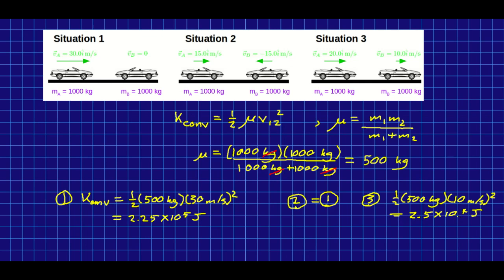If you look back at the beginning of the video where I did this, you will see that the amount of kinetic energy that was converted to internal was only 2.5 times 10 to the 4 joules for this one, instead of 2.25 times 10 to the 5 joules for these two.